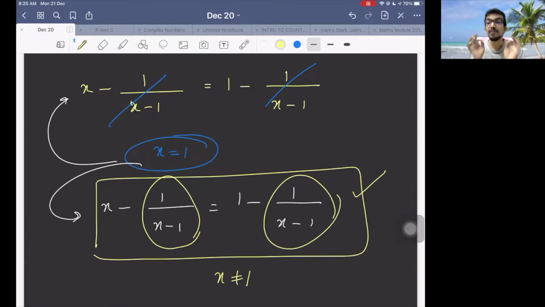The original equation becomes invalid because there are undefined terms in the question. You understand my point? When you have 0 in the denominator of a term, that term becomes undefined. If you have such terms, the question does not make sense, right?